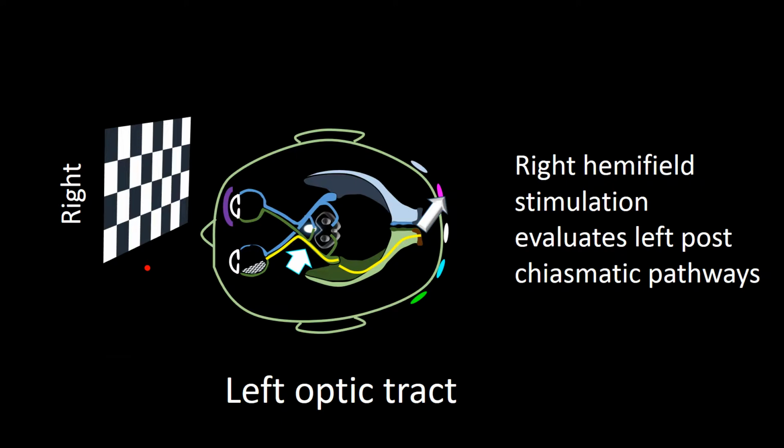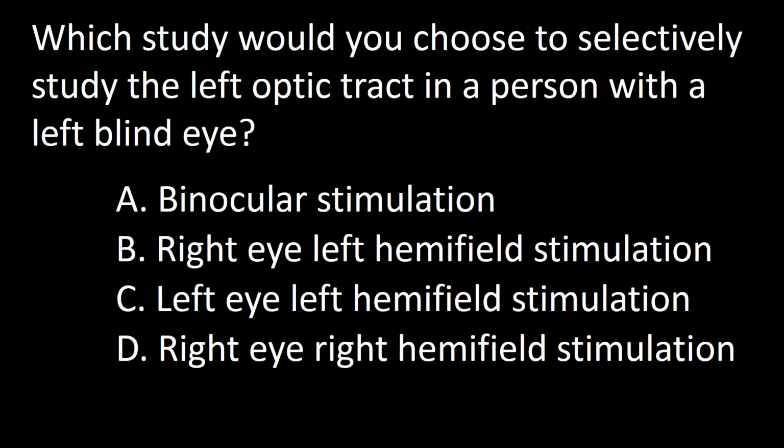Left eye right visual hemifield stimulation evaluates the left postchiasmatic pathways, activates the left occipital visual cortex and creates a field pointing towards the right side. But since the person has a left blind eye, the left eye cannot be used for testing. So the answer to this question is D.